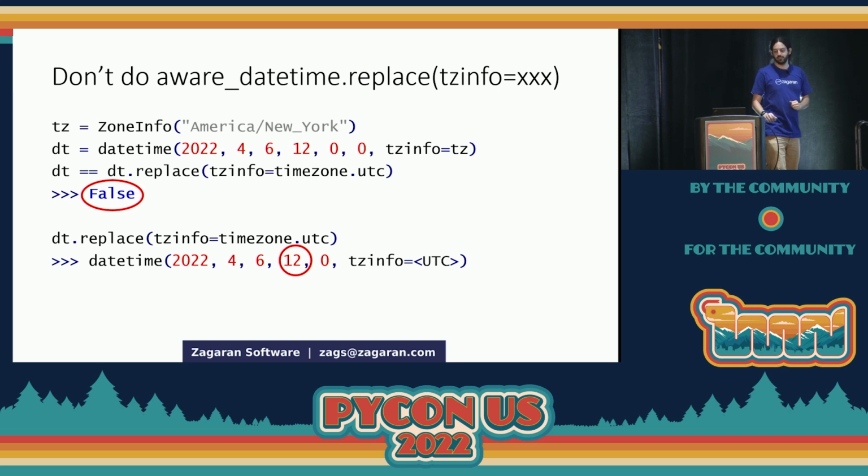The last one, before we get into what to actually do, is don't replace the time zone info on an aware datetime. Now, this is specifically for aware datetimes. An aware datetime is one that already has time zone information. The reason you shouldn't do this is, as is broadly the theme here, it doesn't do what you expect. What I would expect replacing the time zone on an aware datetime would be, please convert this same point in time, but just give it to me in a different time zone. That's not what happens.